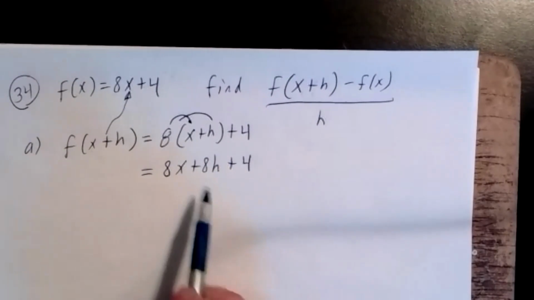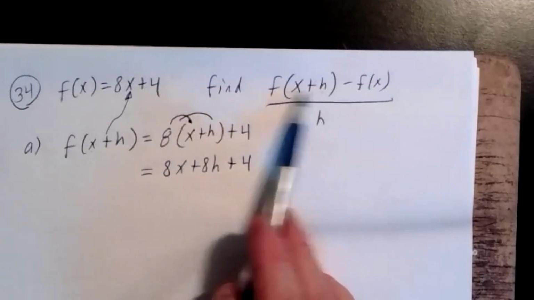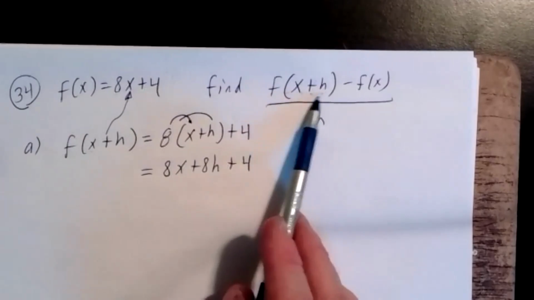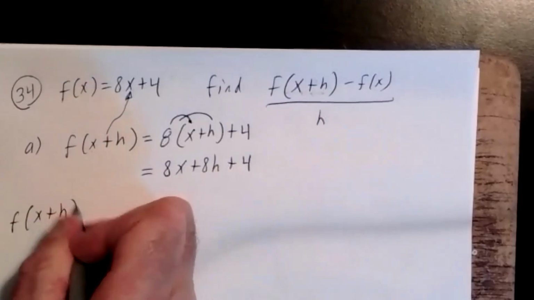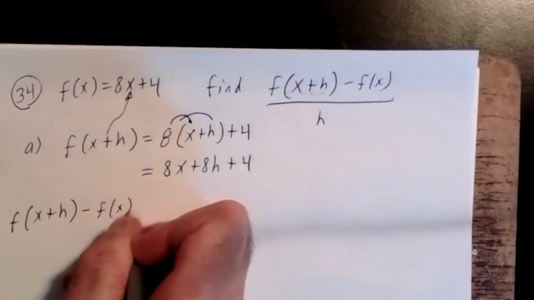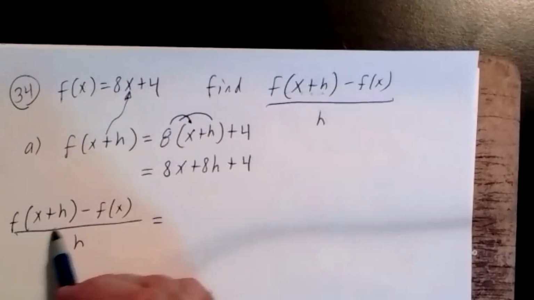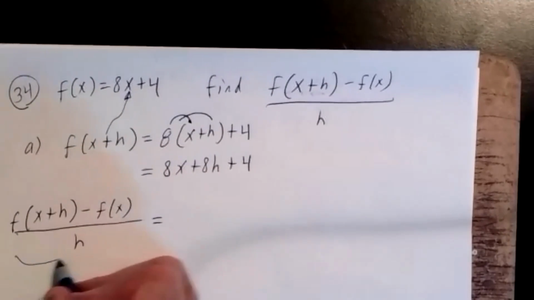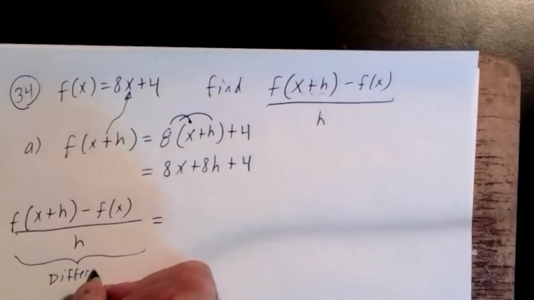Any questions how we found f of x plus h? We found this part of our difference quotient first. So our difference quotient now will take that value of f of x plus h. This construct is called the difference quotient.